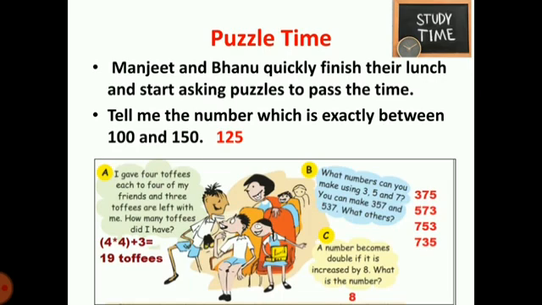What numbers can you make using 357? You can make 357 and 537. What others? 375, 573, 753, 735. A number becomes double if it is increased by 8. What is the number?